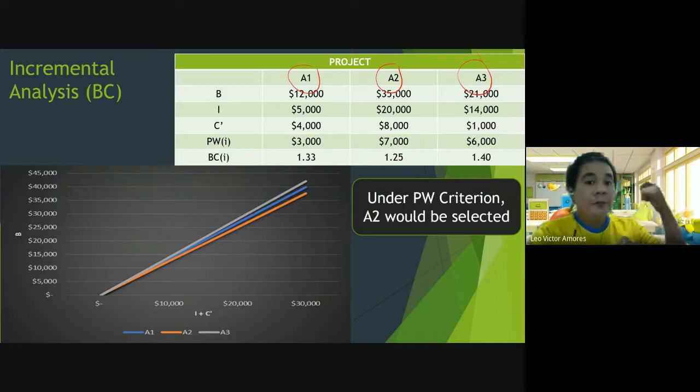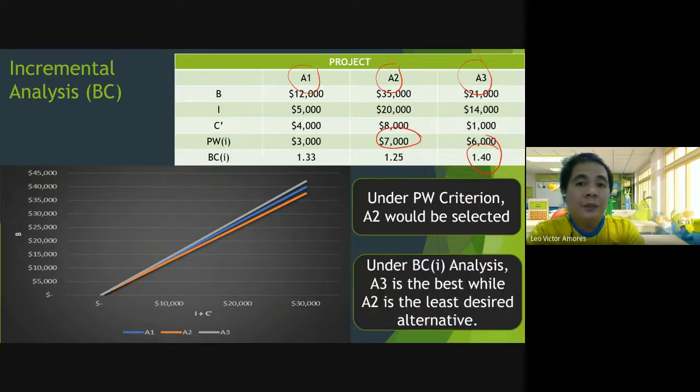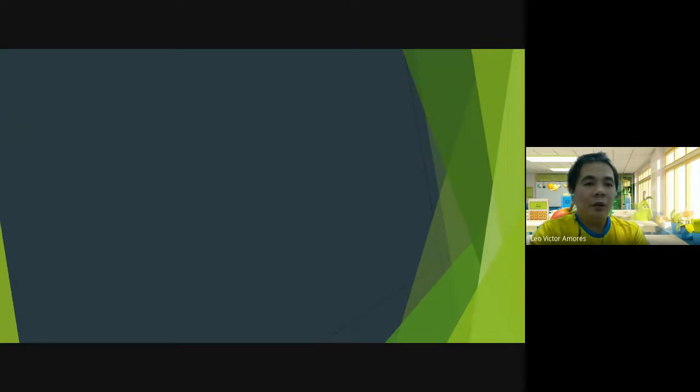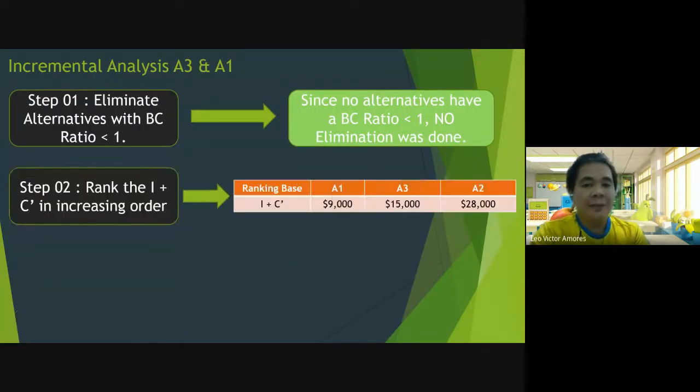If I look at present worth value, I would choose A2 because it has the biggest present worth, but when it comes to BC ratio as the basis, A3 has the biggest BC ratio, di ba? That is the confusion when it comes to choosing a project, because the computation differs depending on the company. But for some, they look at the present worth of the investment.